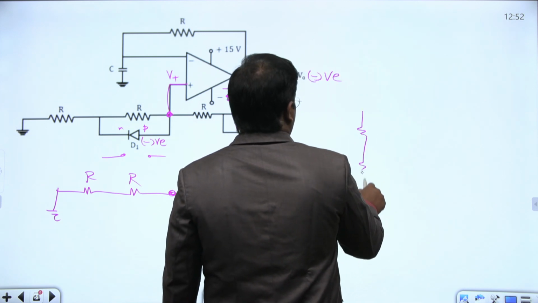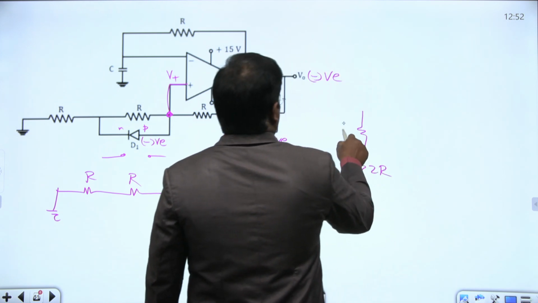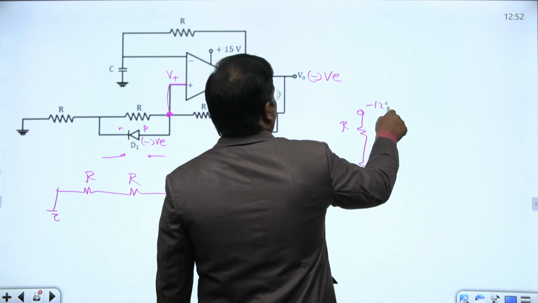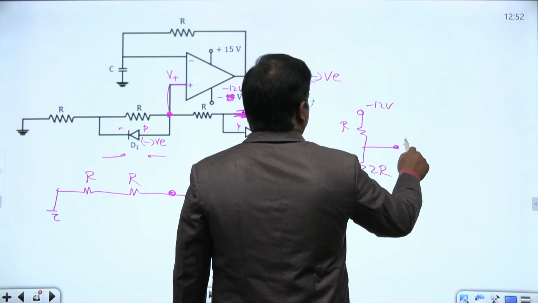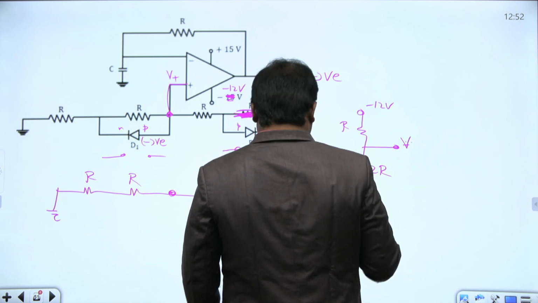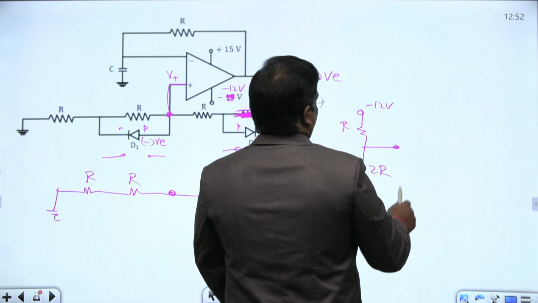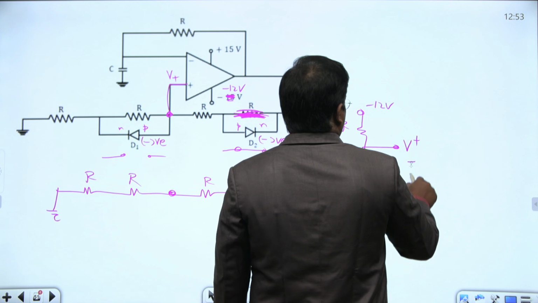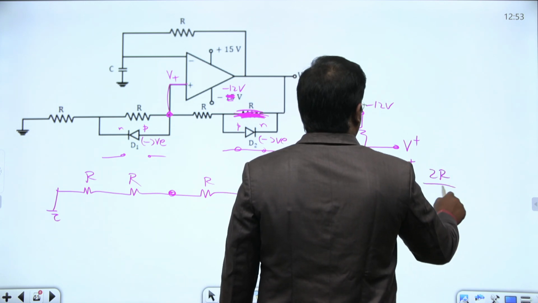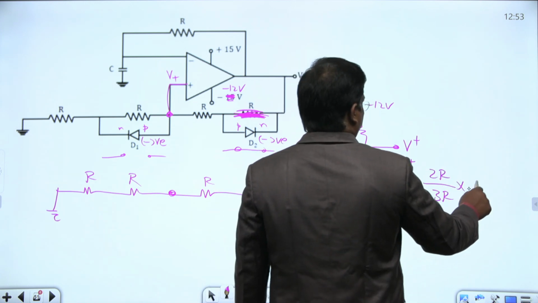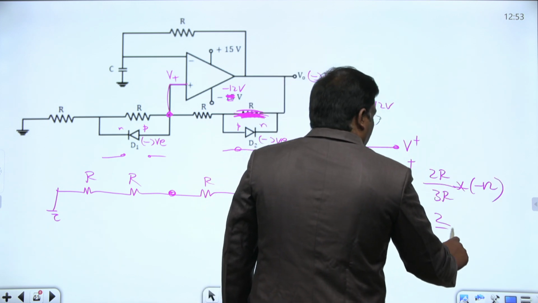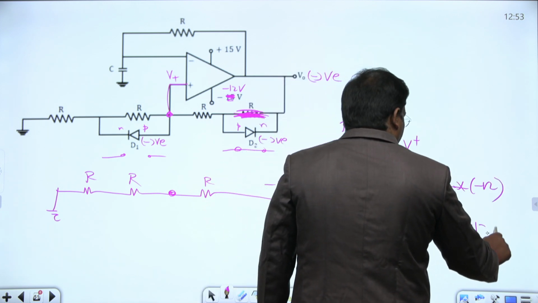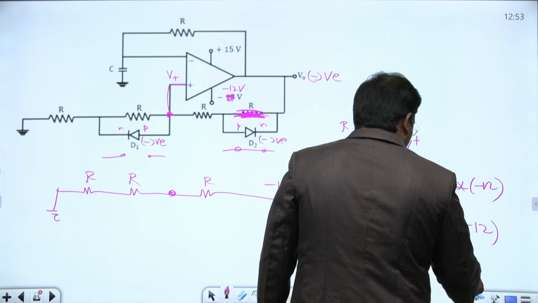This is R, this is 2R, this is minus 12 volts, grounded. Tell me this V plus. This value equal to 2R by 3R into minus 12. What is the value? 2 by 3 into minus 12. This value is minus 4 volts.